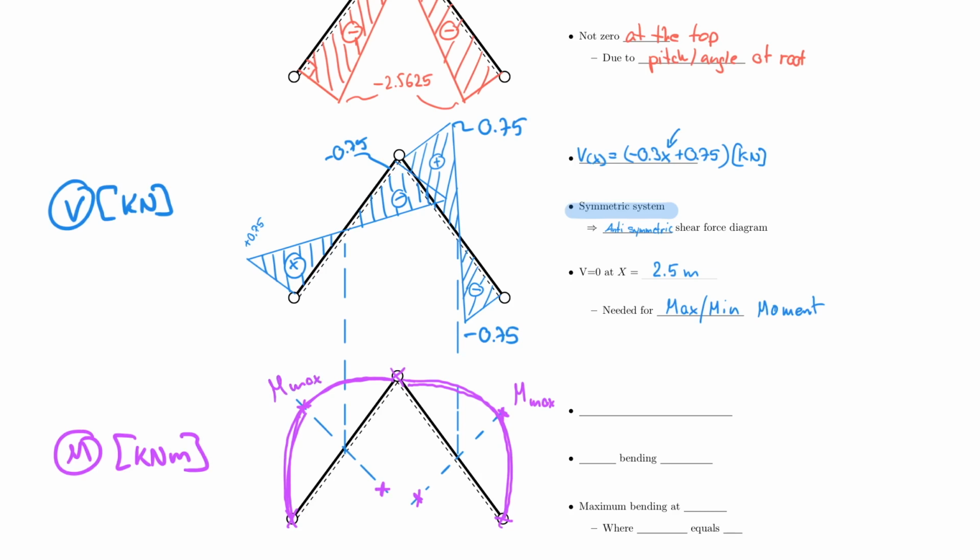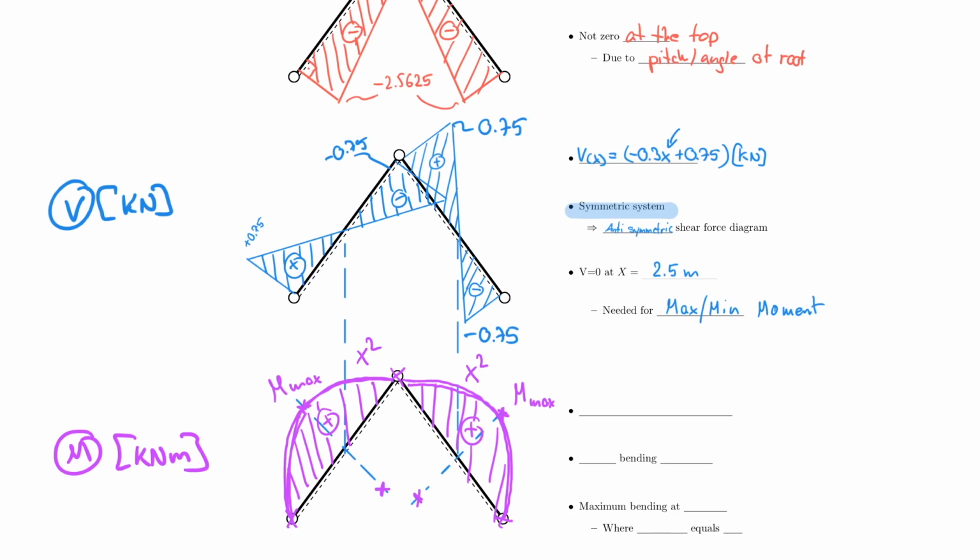So there you have the parabolic function with an M max here and an M max here. We will calculate that M max in just a second. But this is positive and this is positive. And of course, this is an x squared function and an x squared function.